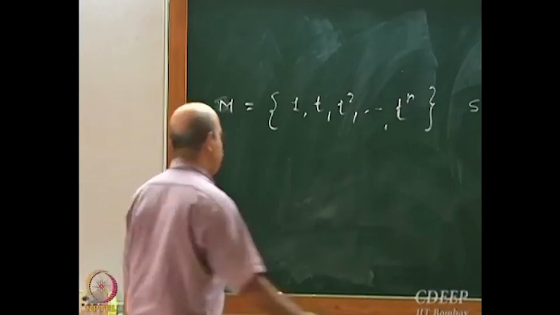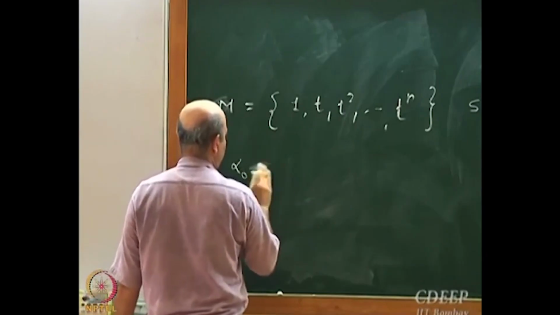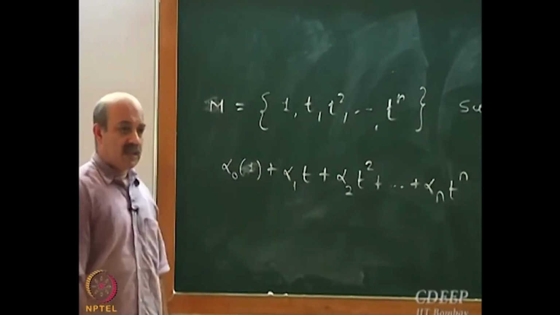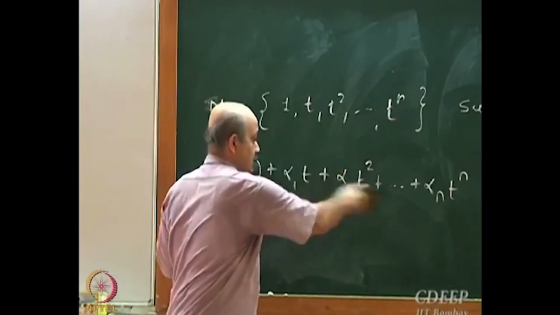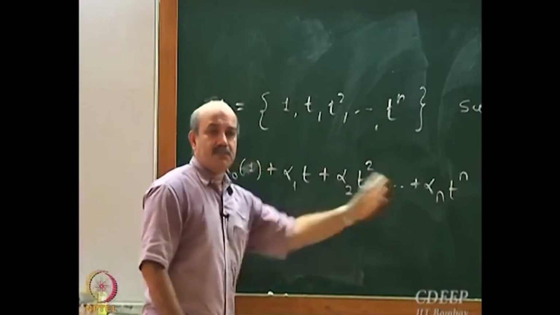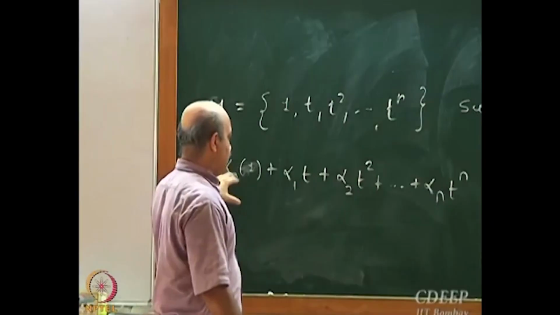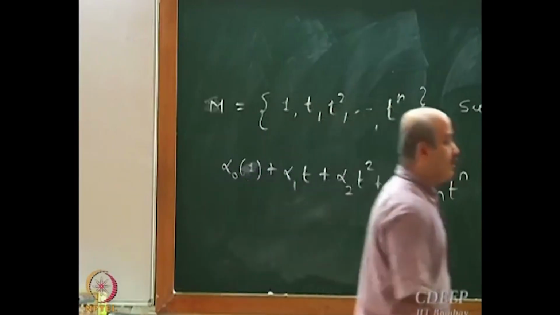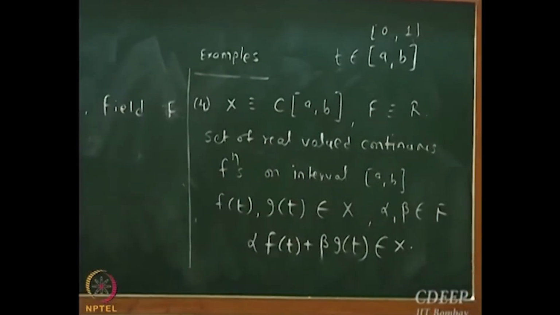Will this combination also be a polynomial? This is an nth order polynomial. I am visualizing each one of them as an nth order polynomial with some coefficients 0. So the set of all possible polynomials with any alpha 1 to alpha n from the field will form a subspace of this vector space, because these are continuous functions.